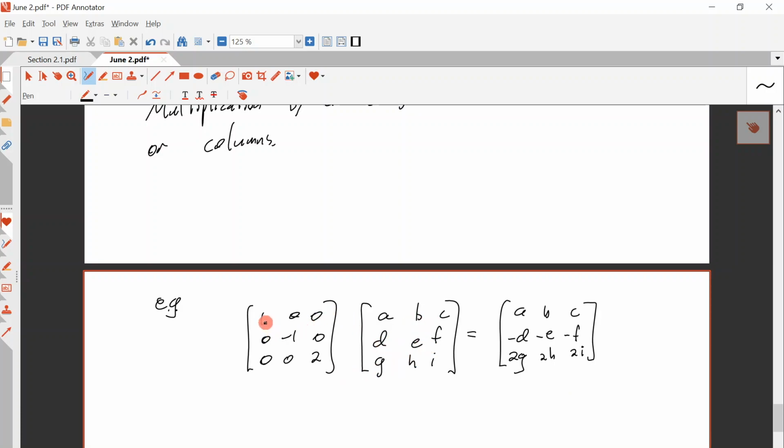So we took this matrix and multiplied on the left by the diagonal matrix. What happened is that row 1 gets multiplied by 1, row 2 gets multiplied by negative 1, and row 3 gets multiplied by 2. If you did it the other way around, then it does the same thing to columns.